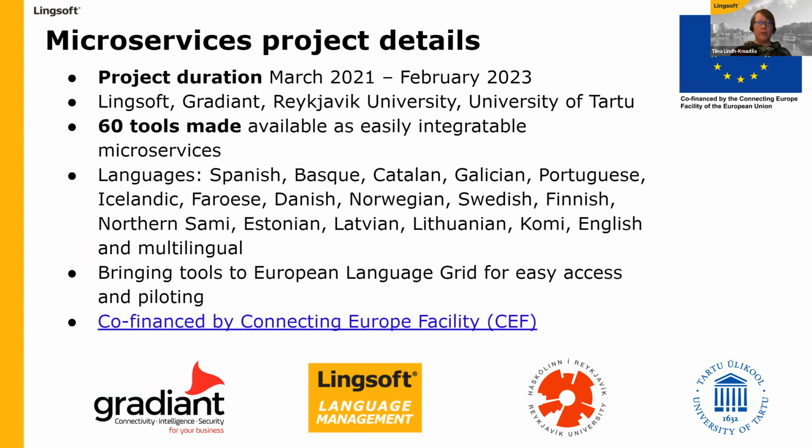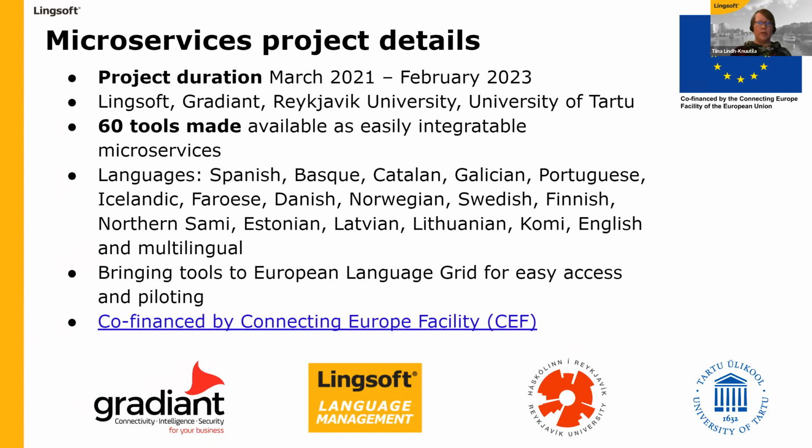Katrin didn't mention it, but basically you can access all of these almost 2,000 running services at ELG just by registering. So you provide your name, email address, and password, and then you get a verification link, and then all of these tools are there for you to try out.